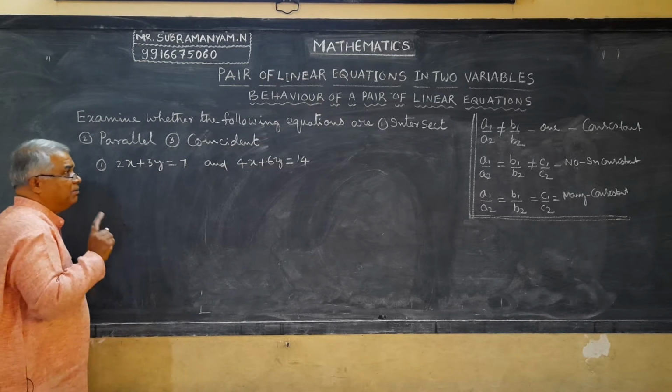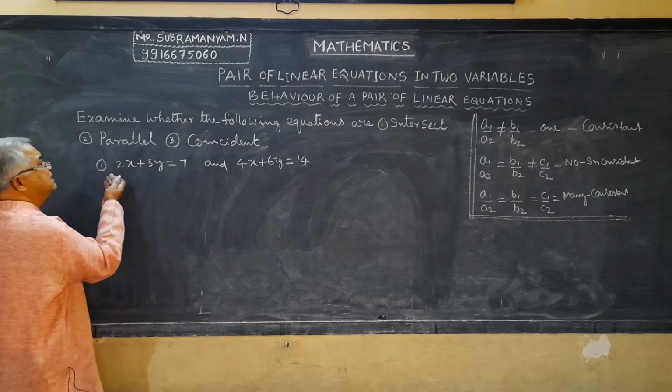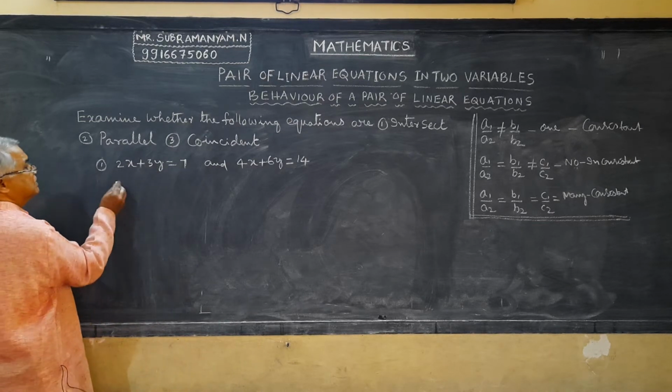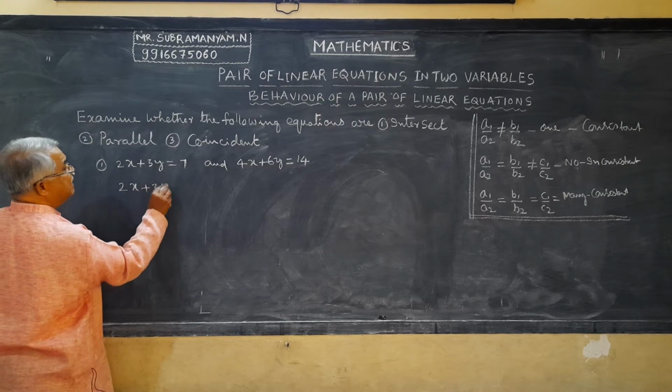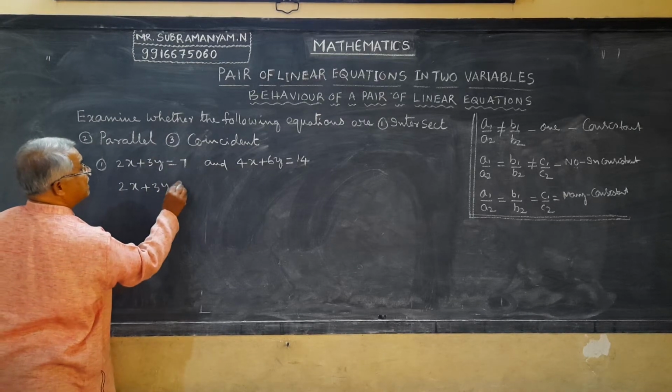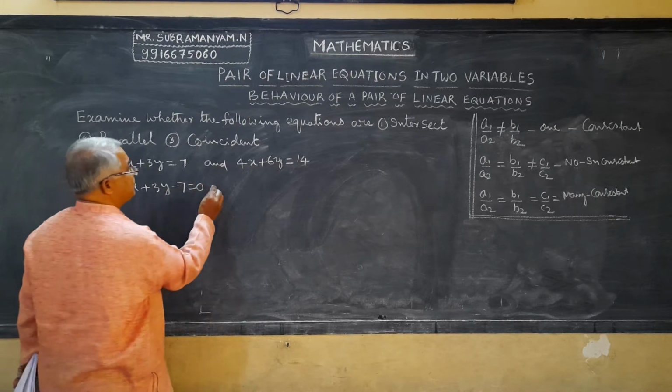Children, always remember, we should write the equation in the standard form. This is not in the standard form. So, 2x plus 3y, transfer it, minus 7 equal to 0. This is the standard form.